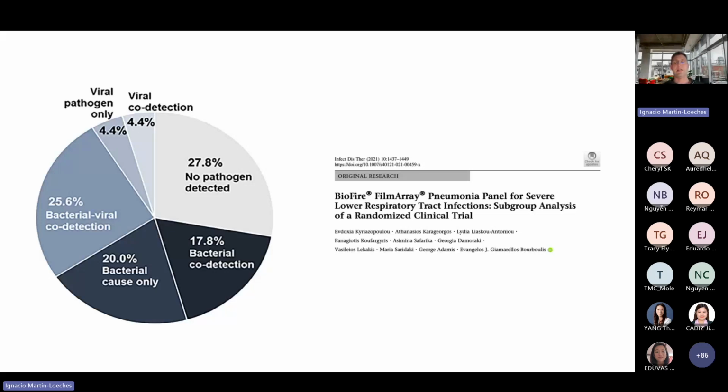However, here in this slide, using the FilmArray pneumonia panel, the cases with unknown etiology decreased to only 30% of the patients. It is true that we have some bacterial and viral co-detection. So that is helping us to give an adequate treatment.